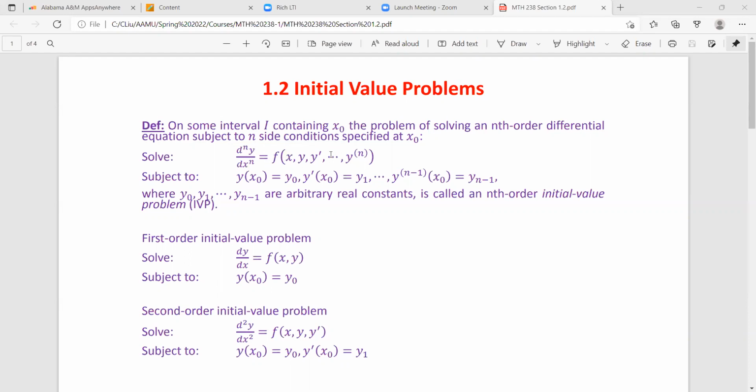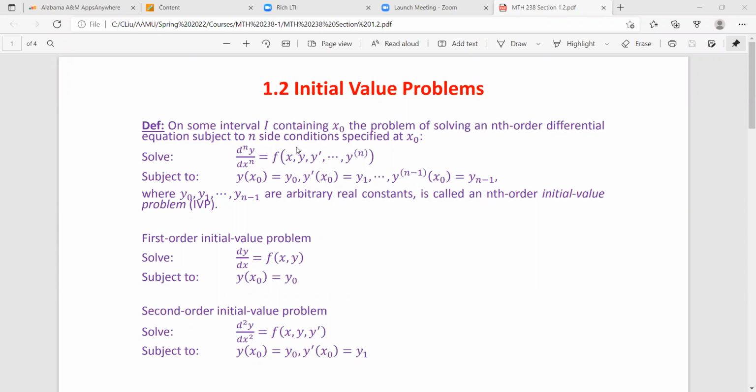So this is a general differential equation of nth order. So that's the differential equation. The highest derivative is n, as you can see.